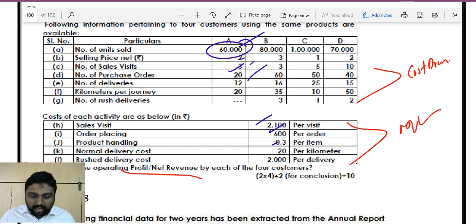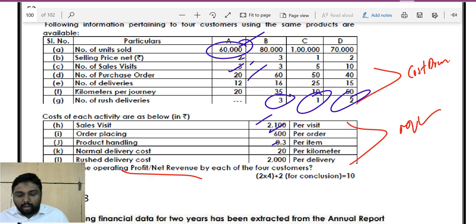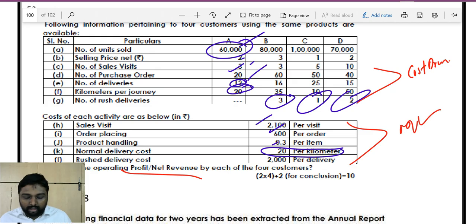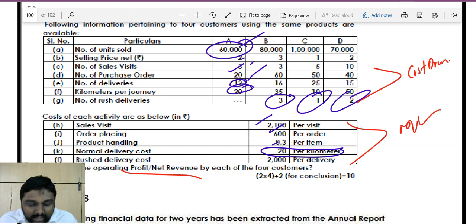Rush delivery cost we have to take as per the number of rush deliveries, so accordingly you have to multiply. If you multiply that, you will get the final answer. Here normal delivery cost is given per kilometer, so you have to multiply number of deliveries into kilometers per journey, 12 into 20. I hope, since it is an SCM model question, you will be able to solve it very easily.